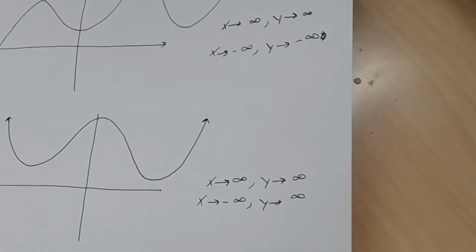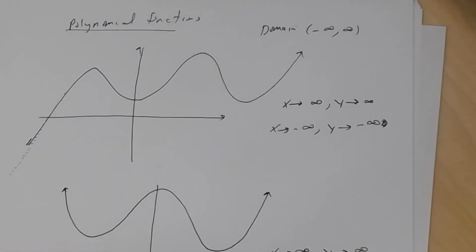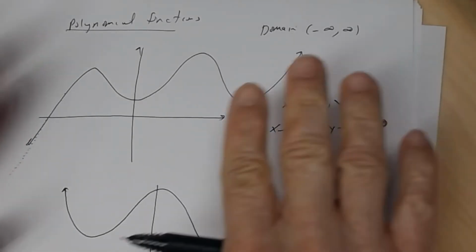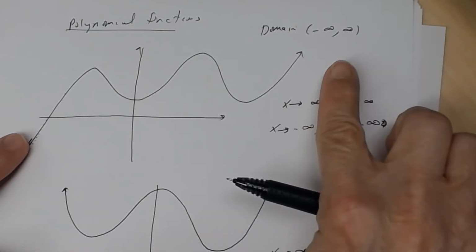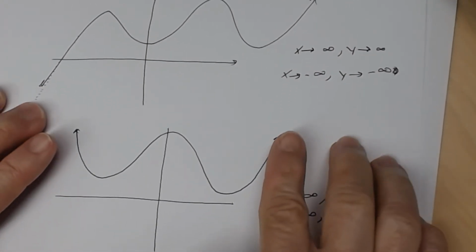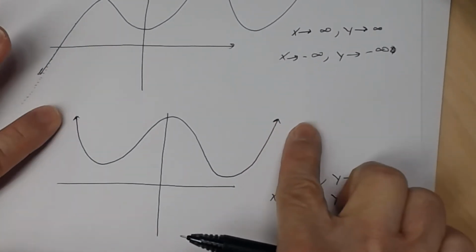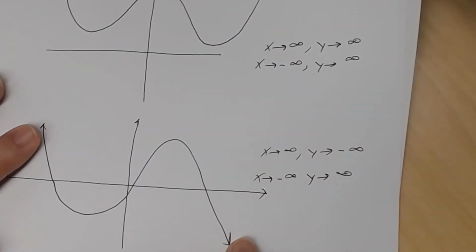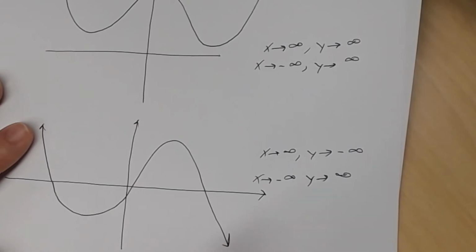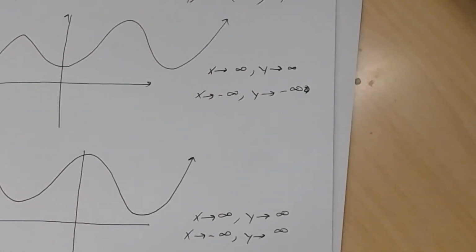Okay, so now you want to ask yourself this: what part of the polynomial function determines the end behavior? Well, remember we talked about that at the beginning of the lesson.